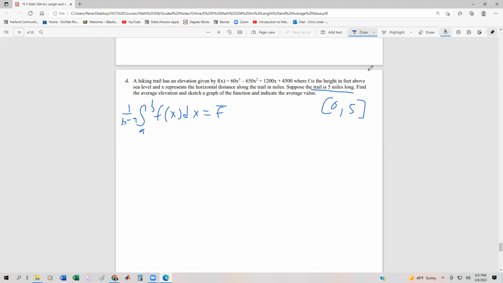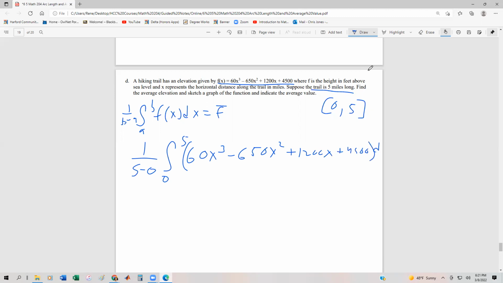And clearly the function is given by this polynomial. And so our f bar is going to be 1 over 5 minus 0, integral from 0 to 5 of 60x cubed minus 650x squared plus 1200x plus 4500 dx.